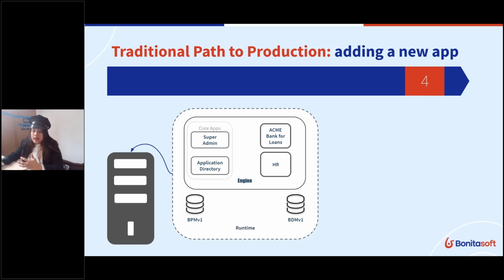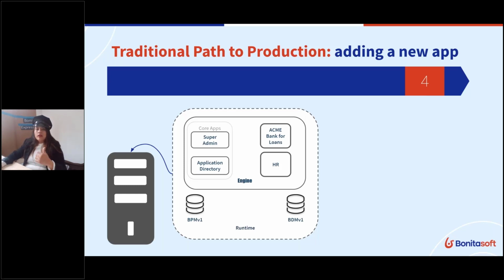So of course, remember the traditional path, we could ask our IT department, could you give me another infrastructure so I can add another application? But in this case, I already have the infrastructure to work with my Bonita application. So I'll just put it in there so they can live in the same infrastructure. So that's what you see on this diagram, right?